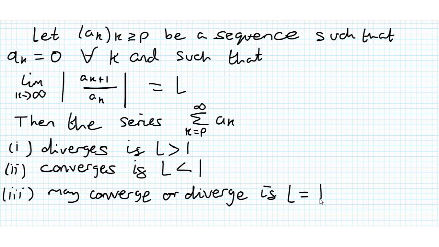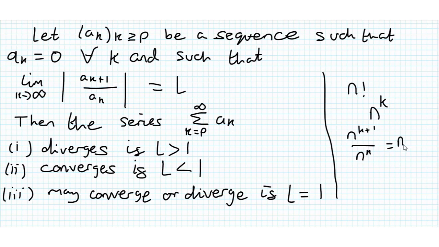You tried it and it didn't work, so that begs the question, when should you try this? Well, I would consider trying it when you have some terms in a sequence defined with some factorial, or perhaps n to the power of k, some powers, because when you divide powers, let's look for example at n^(k+1) over n^k, that's equal to n, as the powers just cancel out.